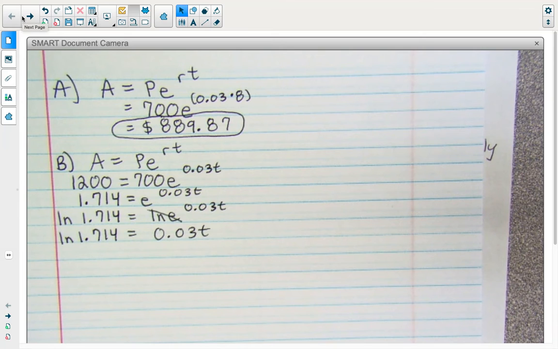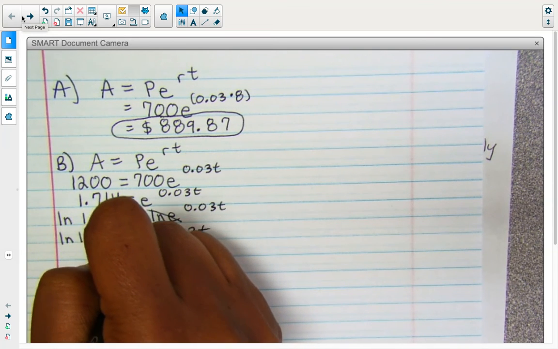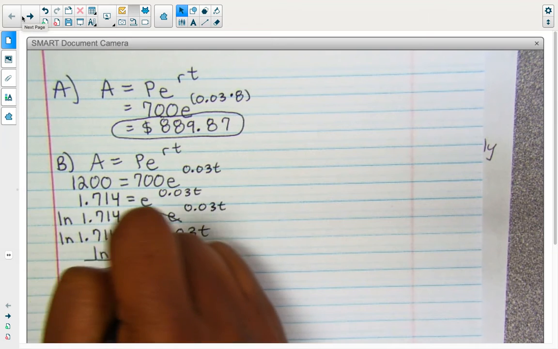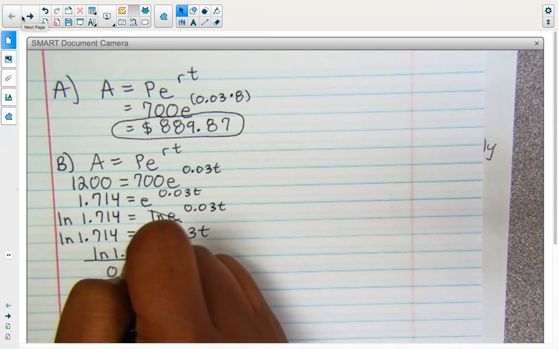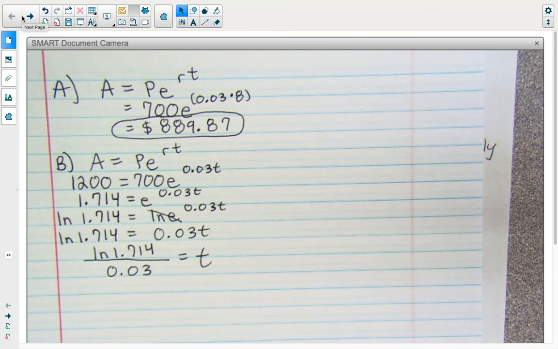And we got one more step. We're trying to get T by itself. So the opposite of multiplying by 0.03 is to divide. So our exact answer is this divided by this equals our time. And our time is going to be in years. So the natural log of 1.714 divided by 0.03.